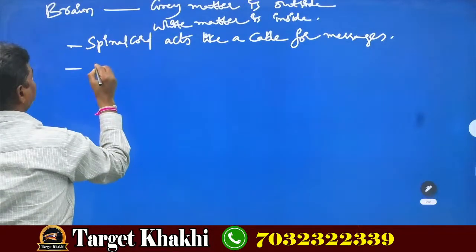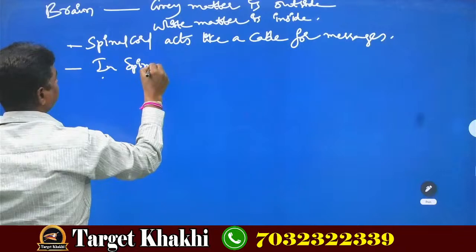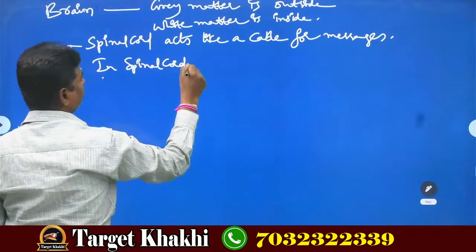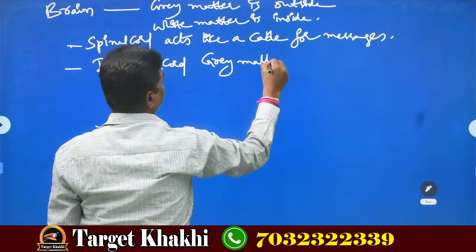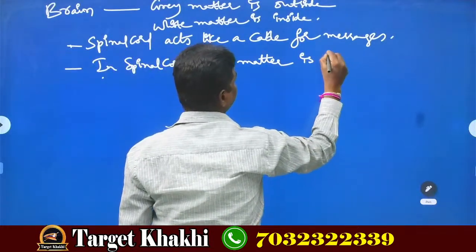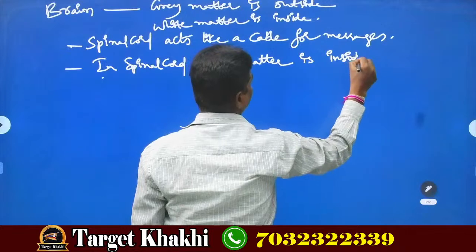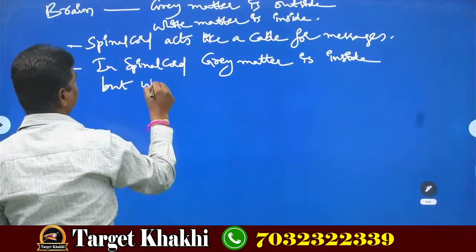In the spinal cord, gray matter is inside, but white matter will be outside.